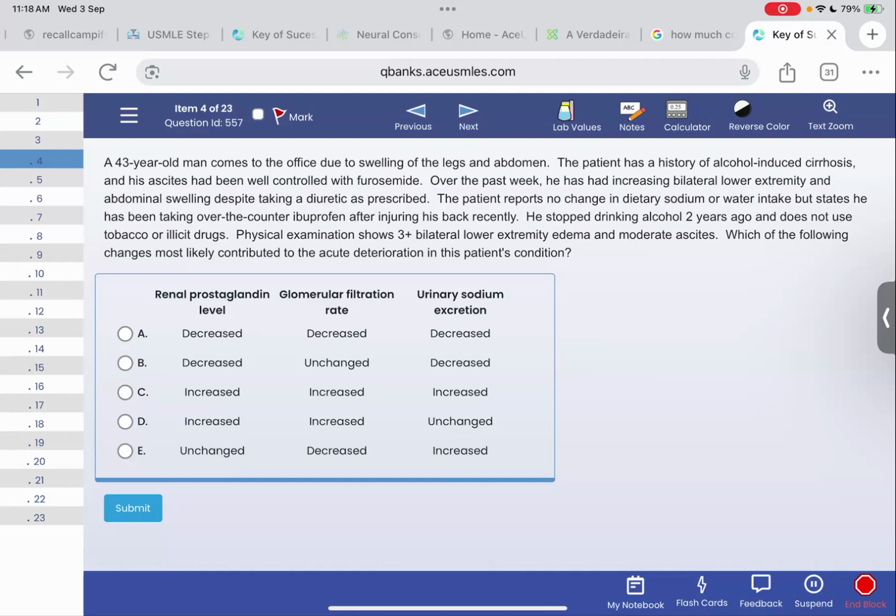The patient reported no changes in dietary sodium or water intake but states that he had been taking over the counter ibuprofen after injuring his back recently. He stopped drinking alcohol 2 years ago and does not use tobacco or illicit drugs. Physical examination showed 3 plus bilateral lower extremity edema and moderate ascites.